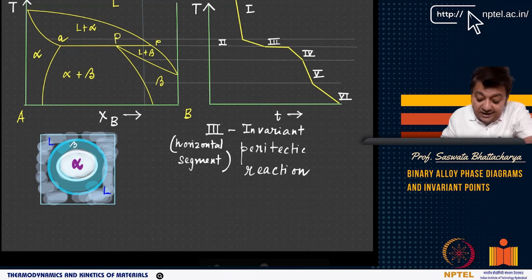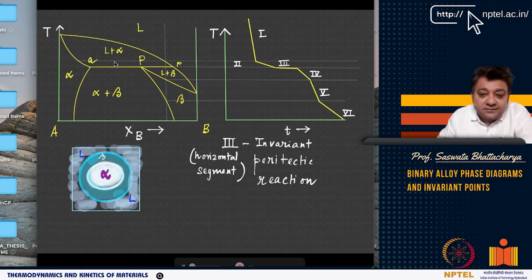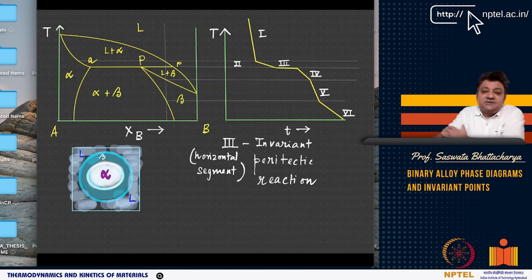So we have type 3. We'll also discuss type 4, type 5 and type 6 phase diagrams quickly, and then I'll go to this idea of free energy composition diagrams, because we are looking at different equilibria.